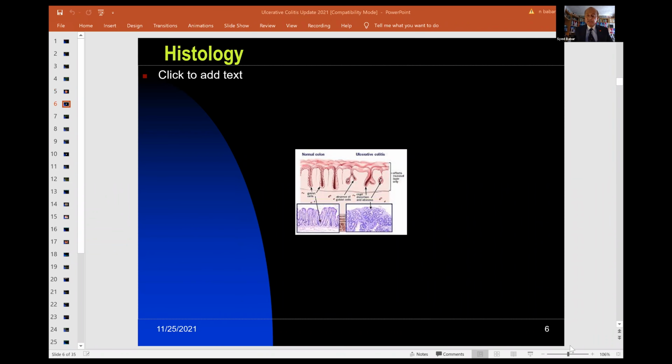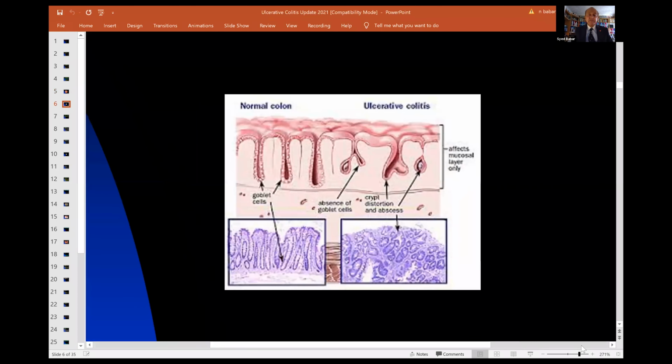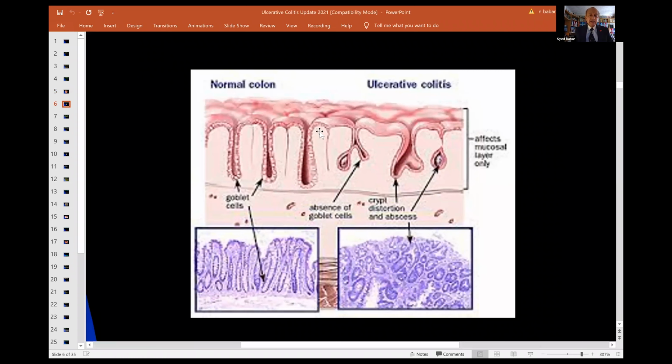And in terms of histology, one can see that the normal colon has compact barrier epithelial cells, which in a deeper plane go down to produce recesses like this called crypts in various places. And these are lined by goblet cells producing mucus, mucin and other important substances.